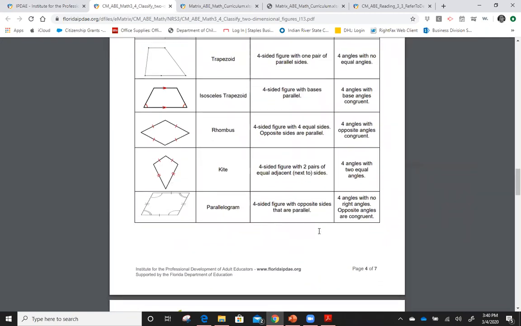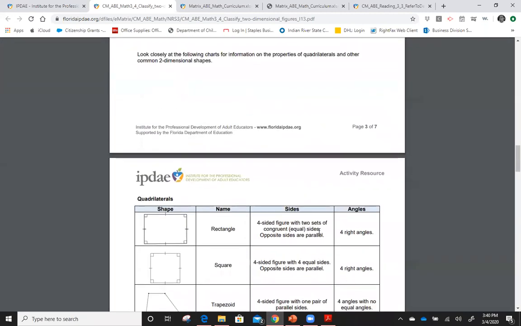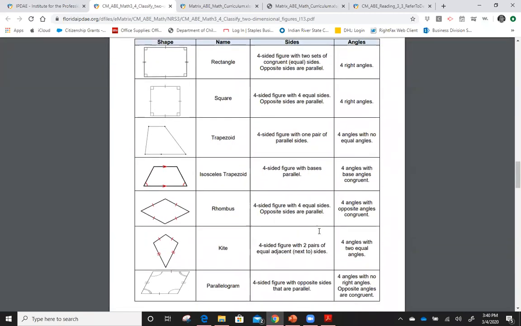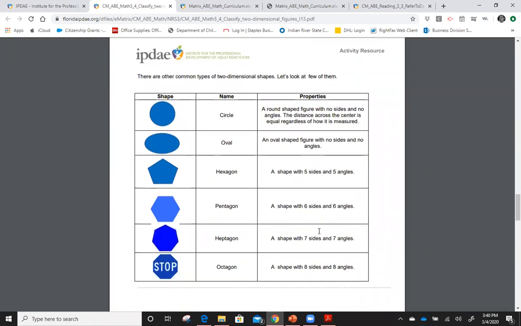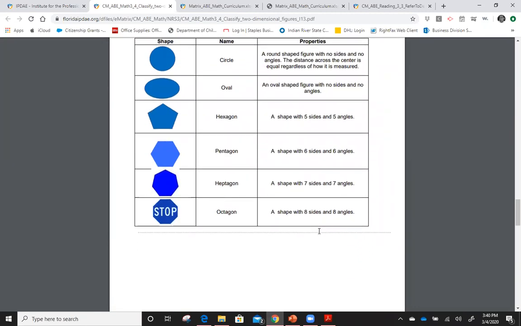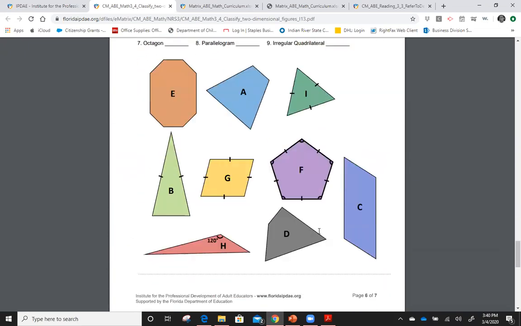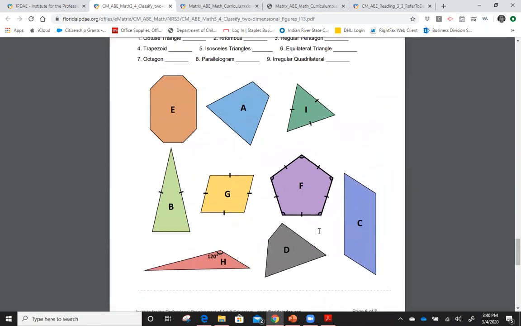So here it is. You have several sections in here where you can see the different descriptors for different quadrilaterals, including kites and parallelograms. It talks about the different polygons and shapes. And then again, practice exercises. Practice exercises, again, could be technology enhanced.